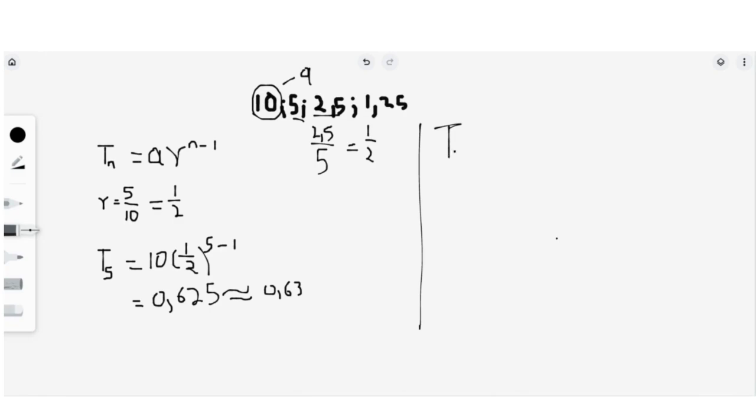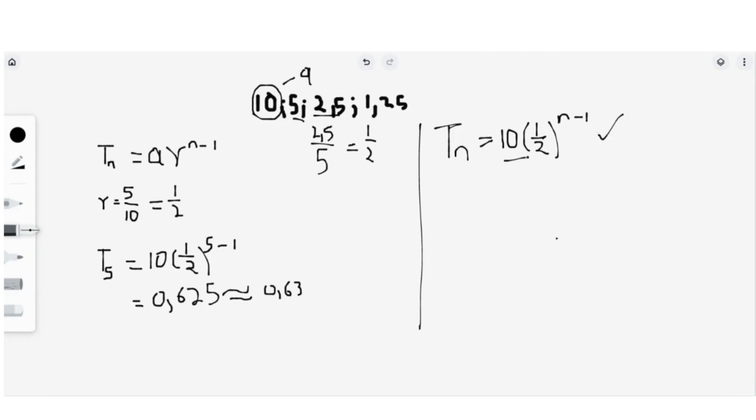The general term Tn will then be equal to, if you write the general term, you always replace your A and R, leaving n not substituted because it said in terms of n. So our A is 10, our R is half, and then we say to the power of n minus 1. That is the correct format.